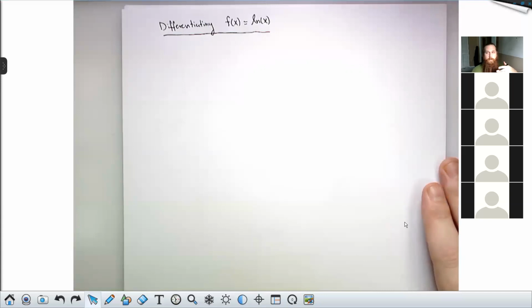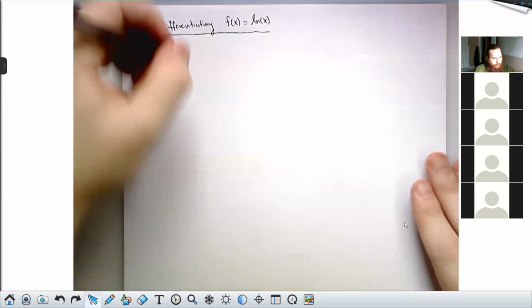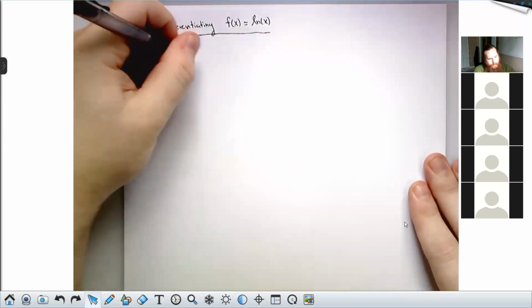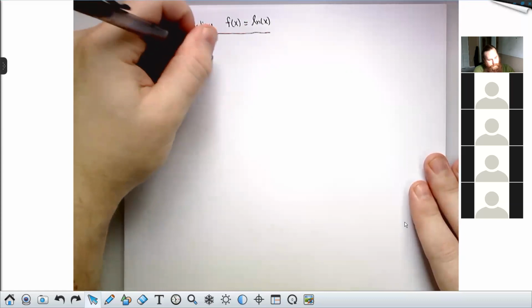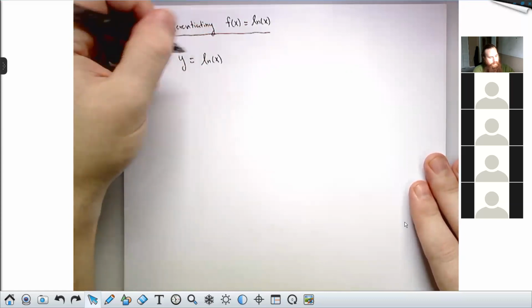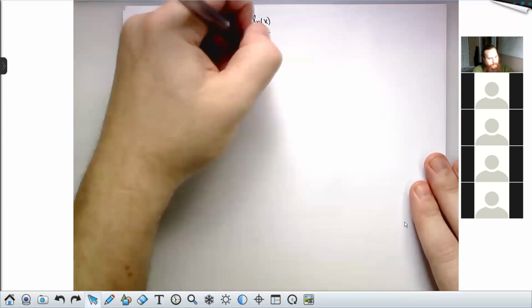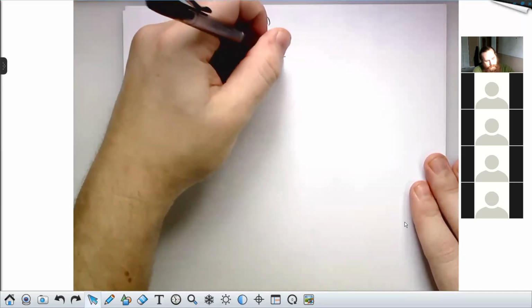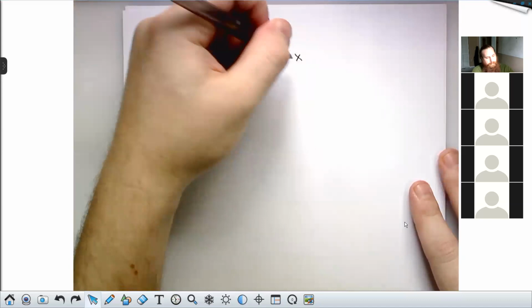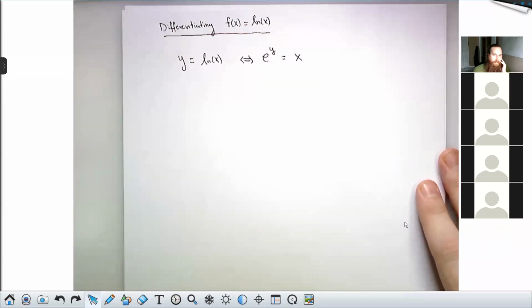This is going to go very similar to how we cooked up the derivatives of inverse trig functions. y equals ln x can be rewritten as e to the y equals x, using that definition.